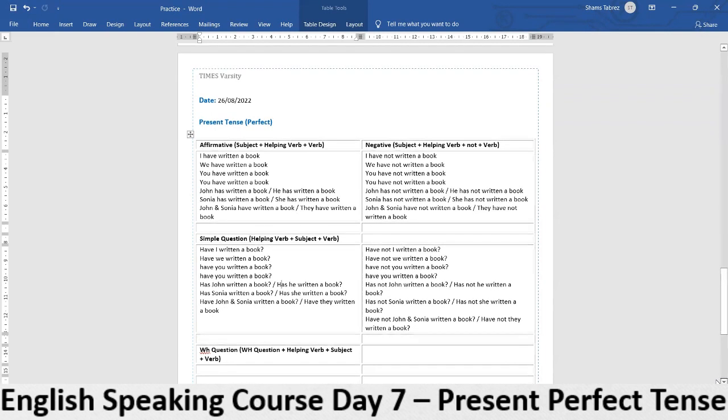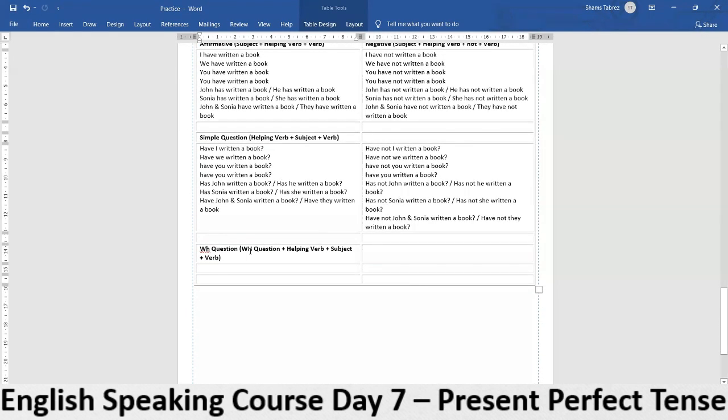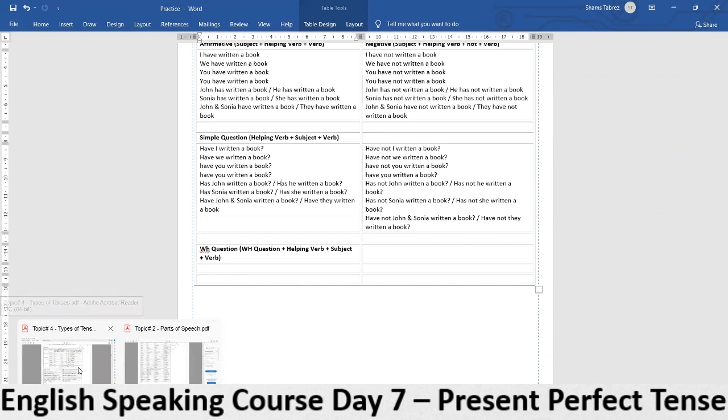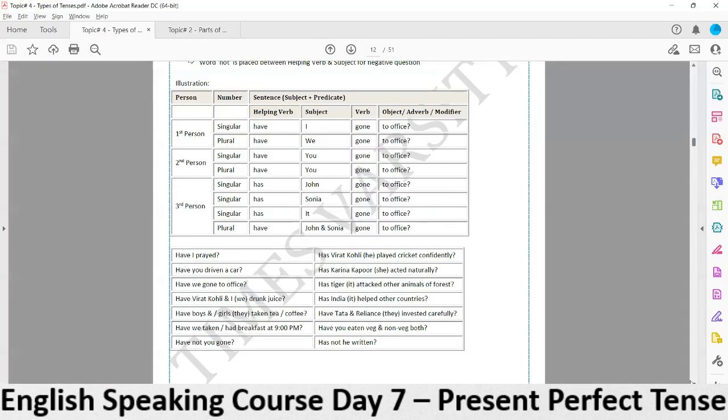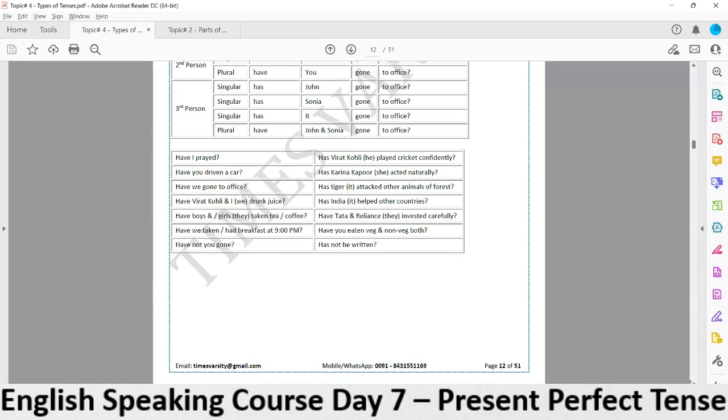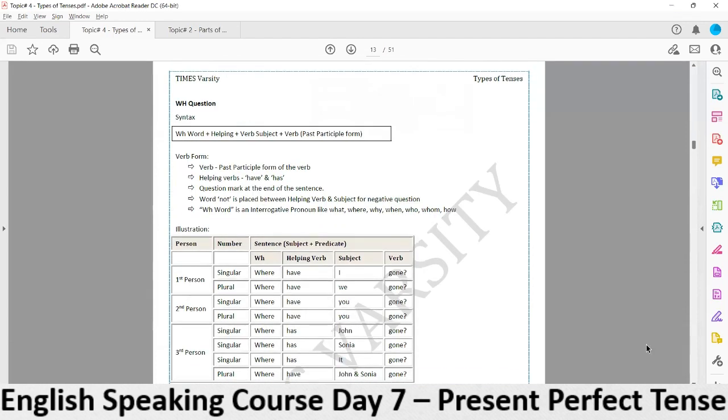Now, WH question. So as we know, WH questions start with WH, right? A WH word, WH alphabet. So for this, let's go to WH question in present perfect tense.